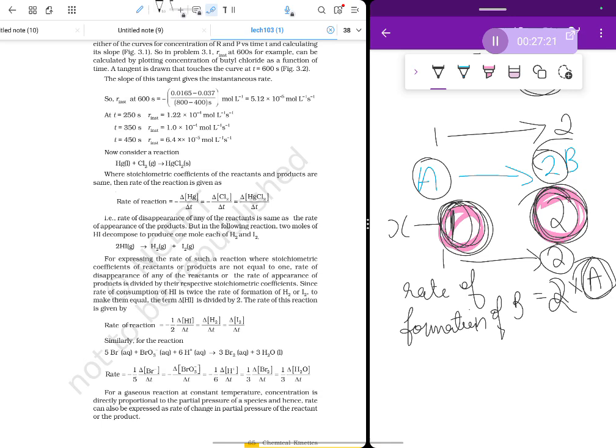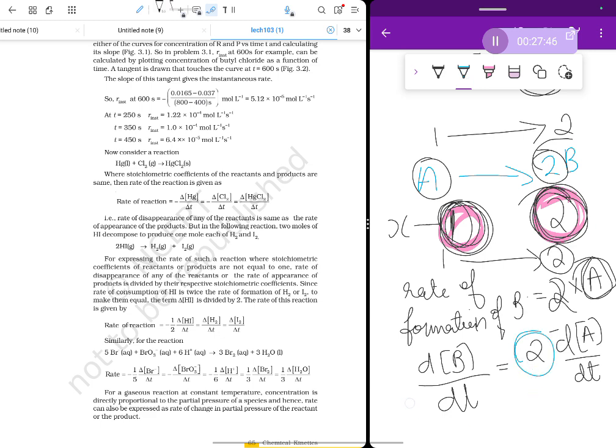So I can say that the rate of formation of B, that is dB by dt, is equal to twice the rate of disappearance of A, that is minus dA by dt. In order to make it equal, I can also say that this twice you can put it here.